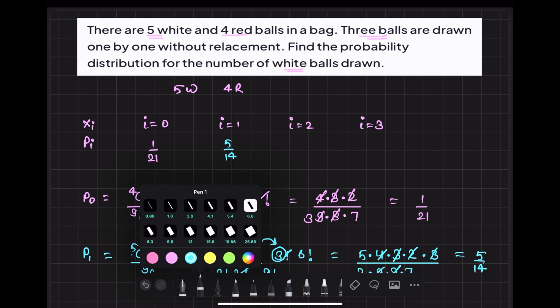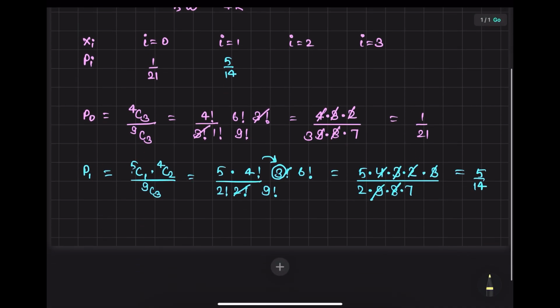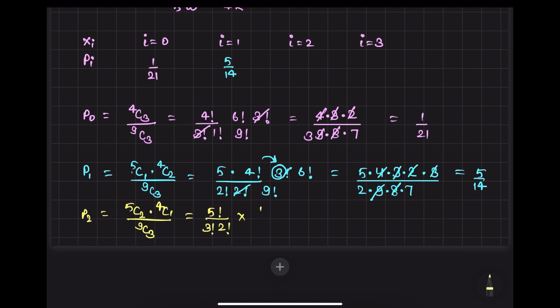Now let's move on to the next thing, that is P2. P2 means the probability of having 2 white. So it is 5C2 and 4C1, then 9C3. Now simplify things. So 5 factorial, 3 factorial, 2 factorial, 4C1 is 4, then we have 9 factorial, 6 factorial and 3 factorial. So this thing is simplified. Now you can simplify this 6 factorial with 9 factorial.